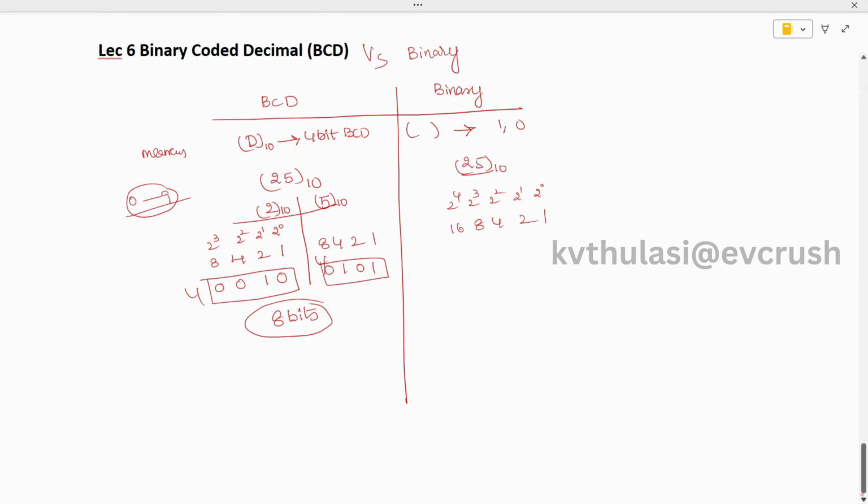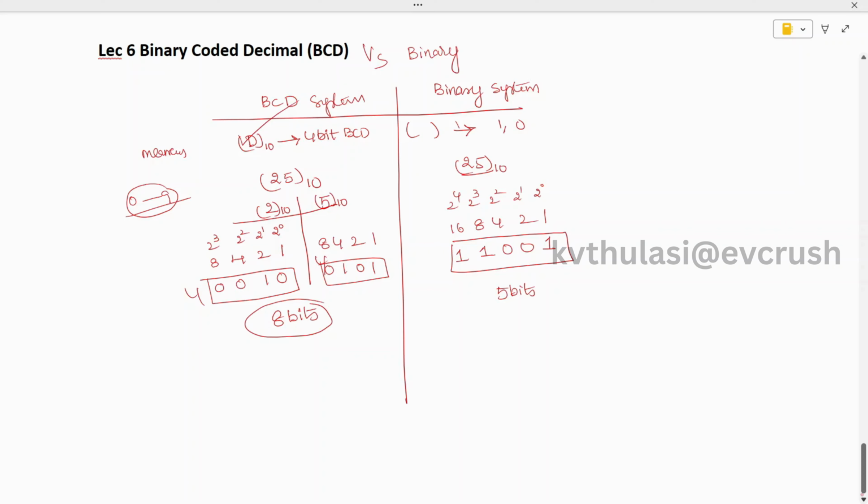To get 25, I take 16 plus 8 plus 1, and the remaining are 0. 16 plus 8 is 24, plus 1 is 25. How many bits have I used here? 1, 2, 3, 4, 5. Only 5 bits in the binary system, while in the BCD system I used 8 bits.